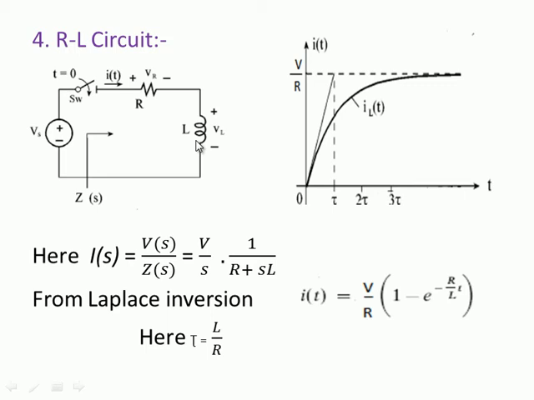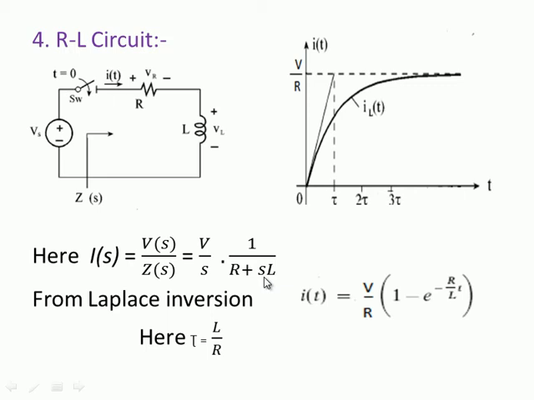So again, what you will do here is separate L from S in order to do the Laplace inversion. It is also given in the book which I have recommended, by Vadhva.